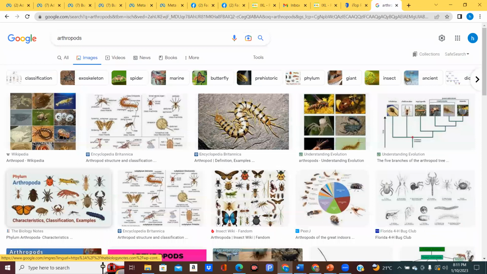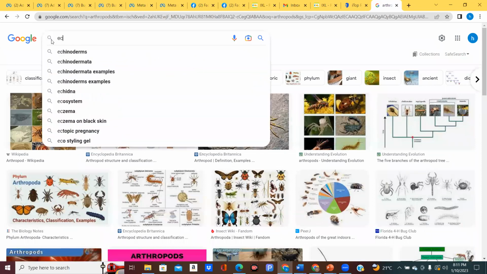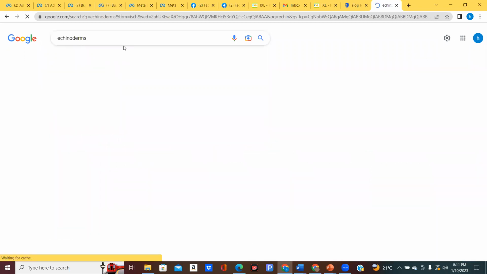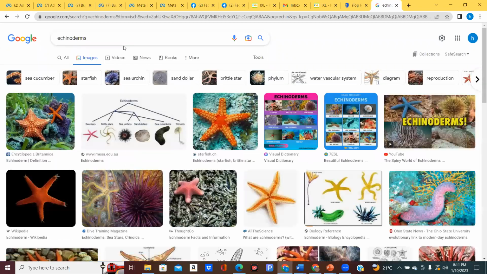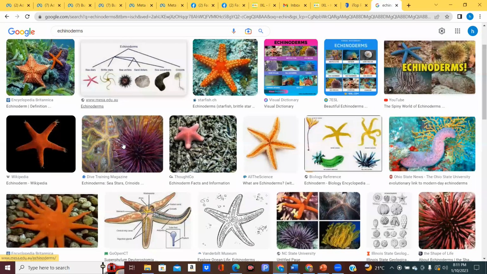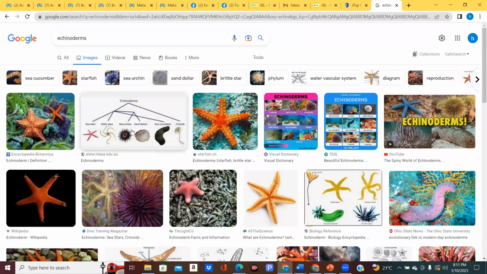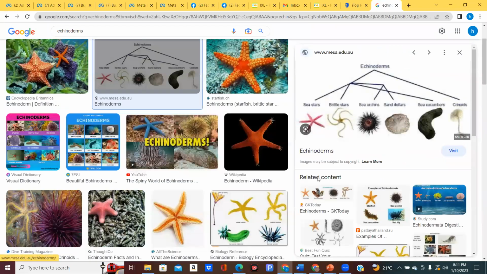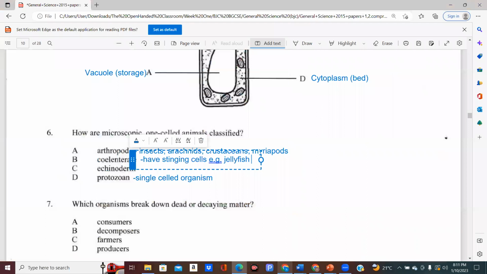Those are your starfish, sea urchin, sand dollar, the pretty stuff of the ocean. At least some of them are pretty.